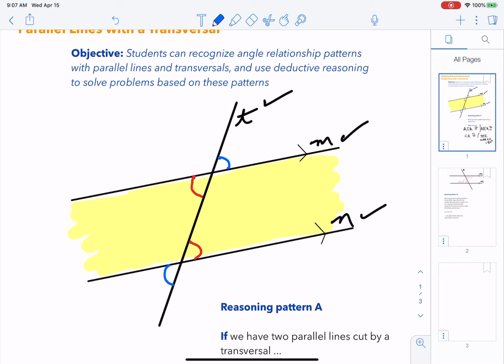Okay, there's another pair, by the way, here and here, yeah. You can mark it with two little blue marks like this. And I'll let you think for a sec, see if you can hunt down the other pair of alternate interior angles. Where might those be?